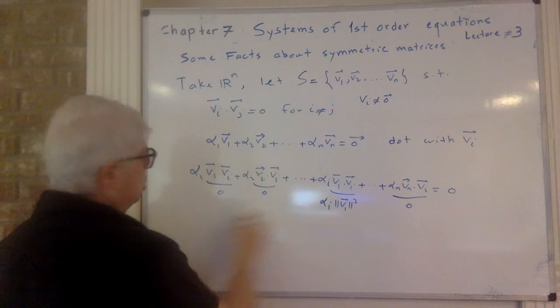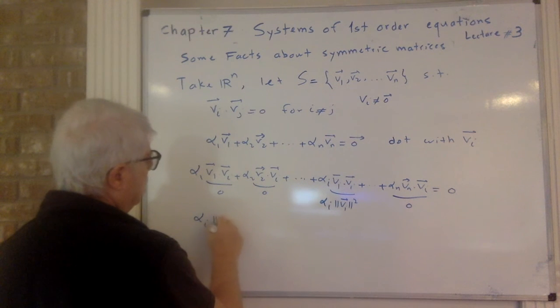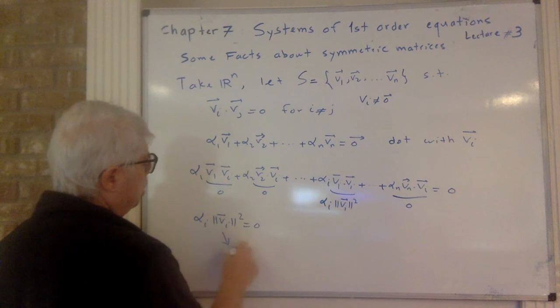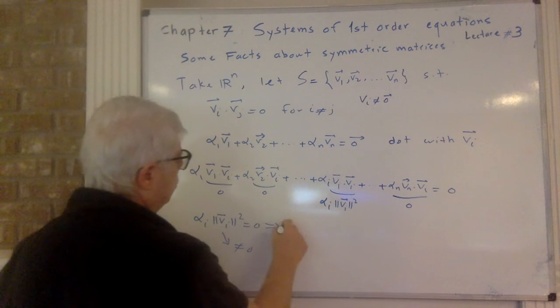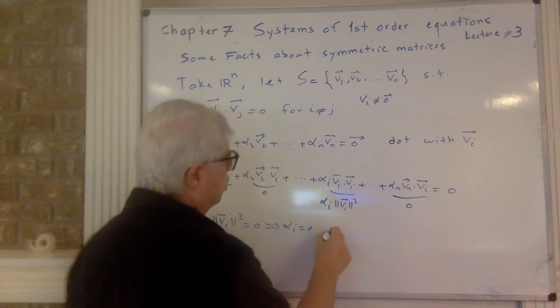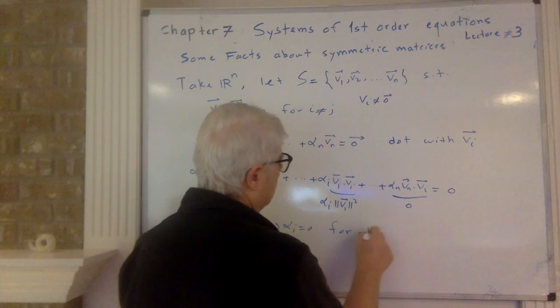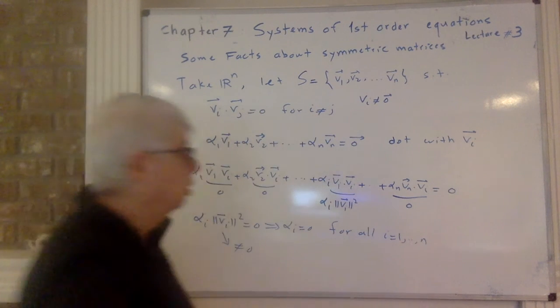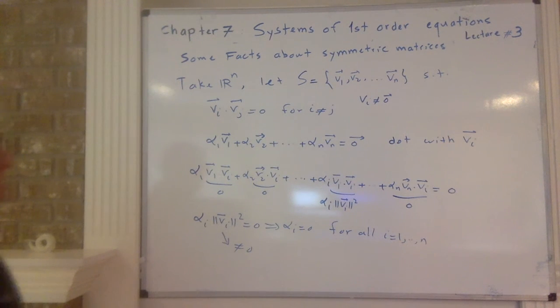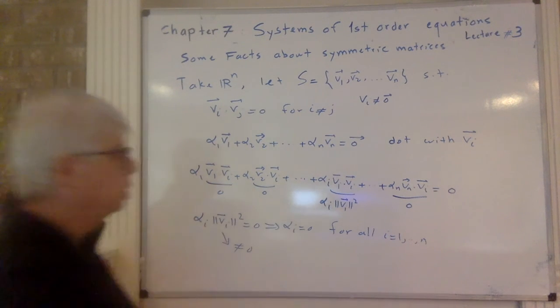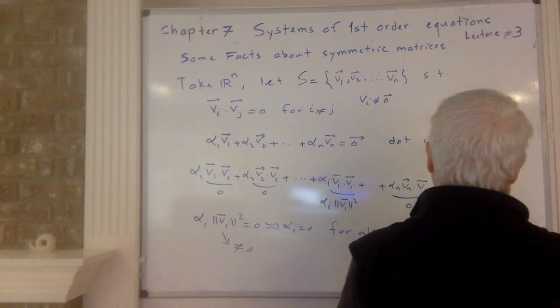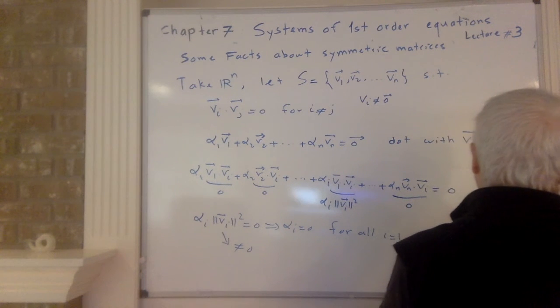Everything is 0 except this one. So I have alpha i times vi squared is 0. This guy is not 0, so this tells me that alpha i is 0 for all i from 1 to n. Okay, so a 0 linear combination only gives me 0 for the alpha i's. That shows that S is linearly independent.